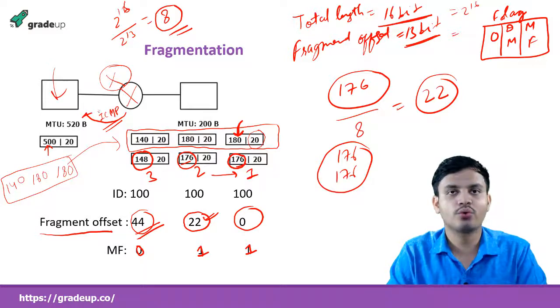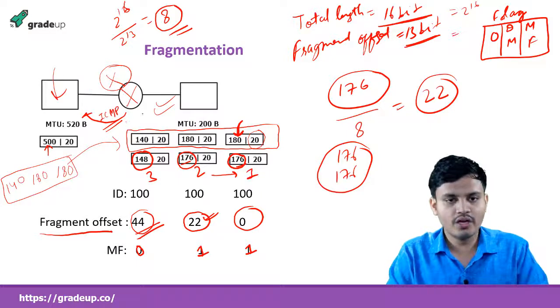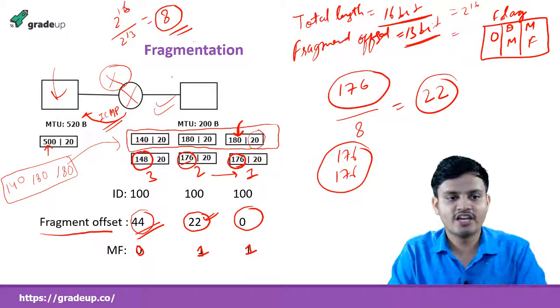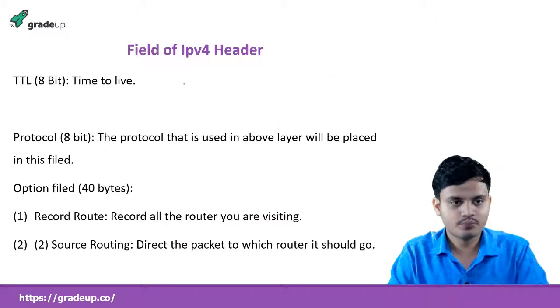The source is going to do the fragmentation now, sending it according to the MTU of this network. I hope you understand this fragmentation. It is really important. A lot of questions have been asked in GATE from this topic, so understand it completely.